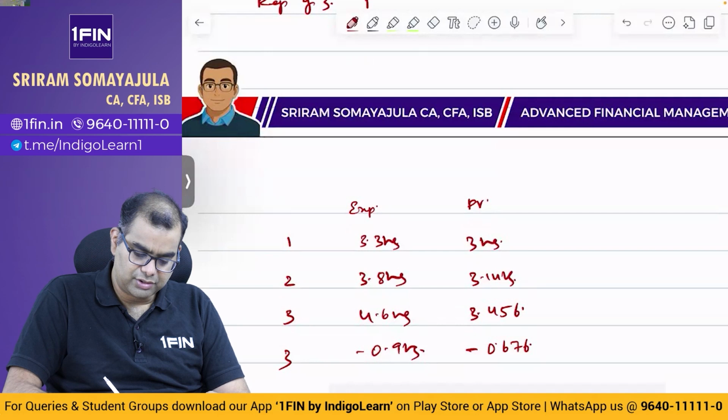Year 0 cash flow: 1 into minus 500 into 1.05, because if you purchase 500 rupees worth of shares, he also has to spend 5% of the price as cost. 5 fives are 25, so minus 525. Present value factor at 12% is 1 for year 0. Present value of cash flow is minus 525.